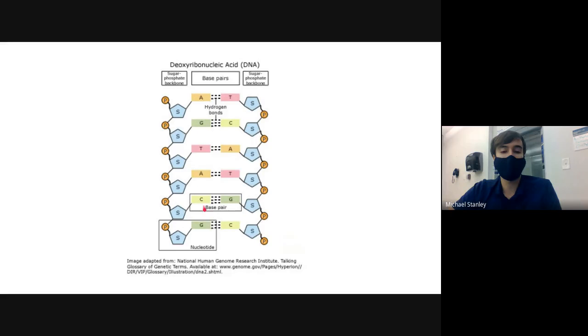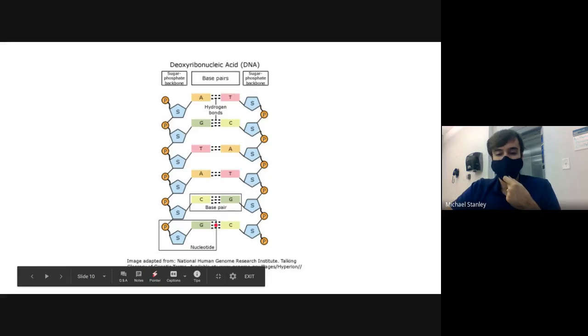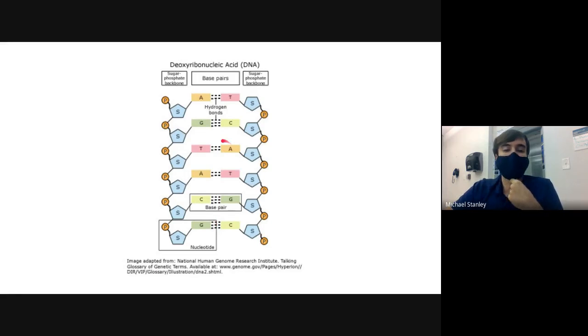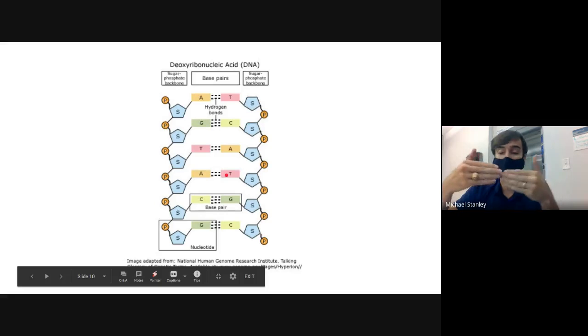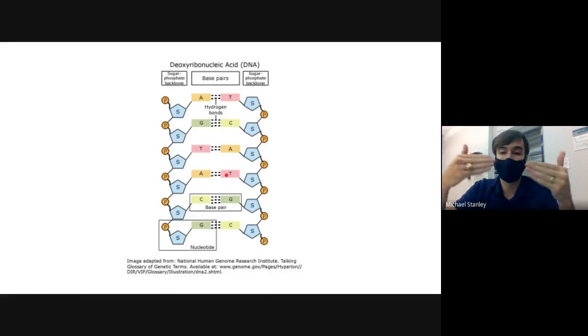These hydrogen bonds are attracting the bases to each other down the middle of the DNA. If there were just a handful of them like in this picture, that might not be enough to keep it together and it might float apart. But DNA is millions of nucleotides long, and so there are millions of these hydrogen bonds all working together to keep the DNA together as one big molecule overall.